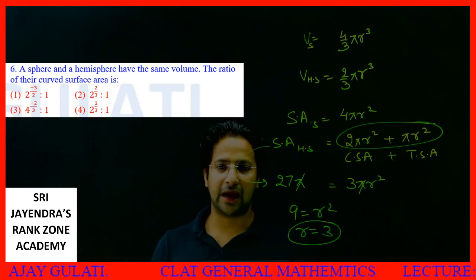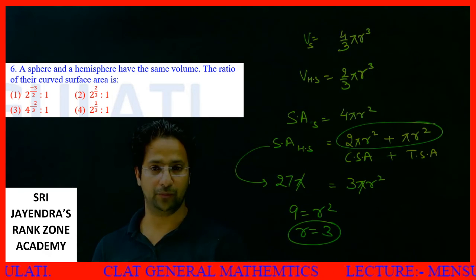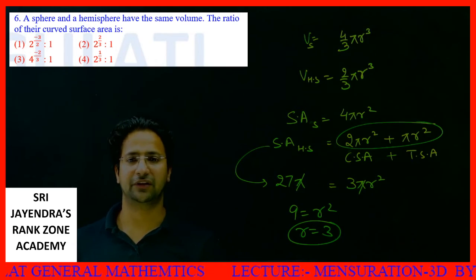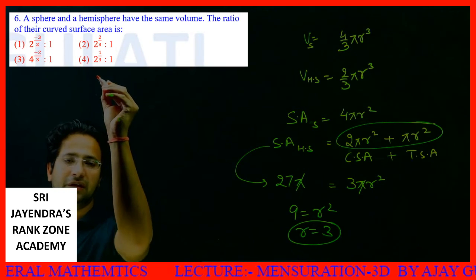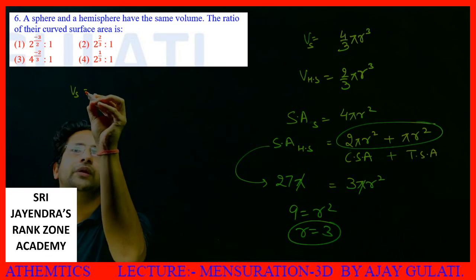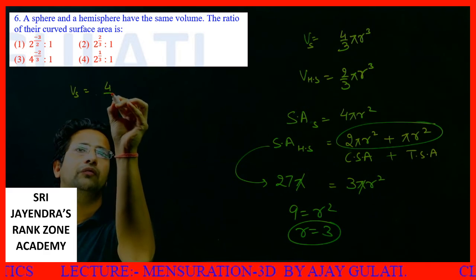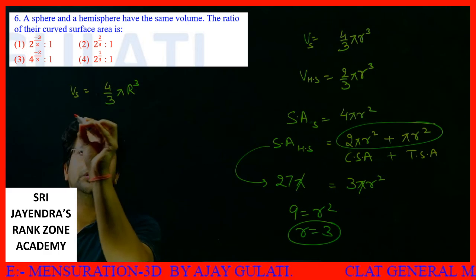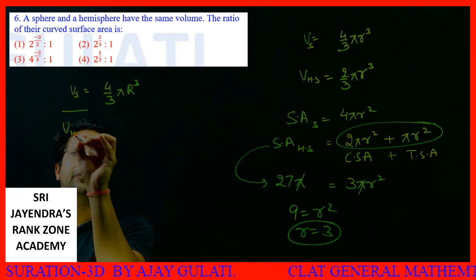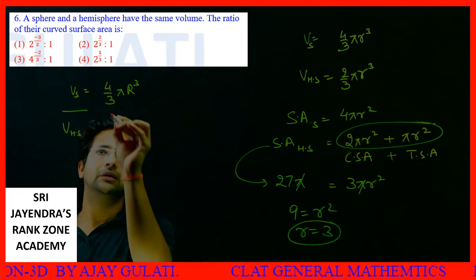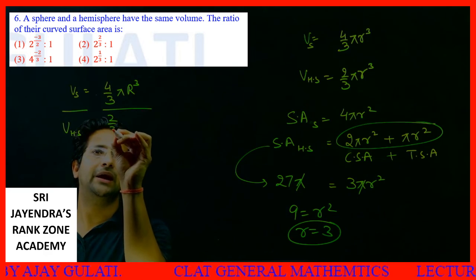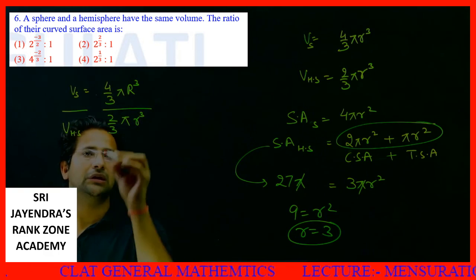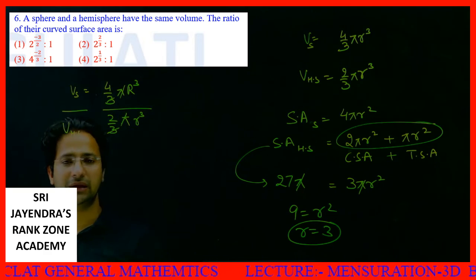A sphere and a hemisphere have the same volume. The ratio of their curved surface area is... first of all, the volume of the sphere is 4 by 3 pi r cube upon the volume of the hemisphere, which is 2 by 3 pi, let's say its radius is R, pi R cube. 3 to 3 cancel, pi to pi cancel.